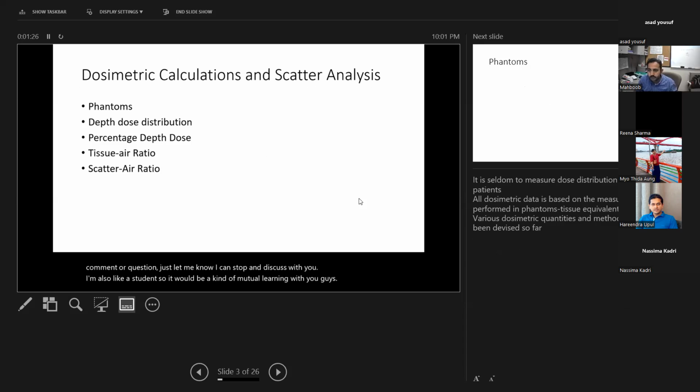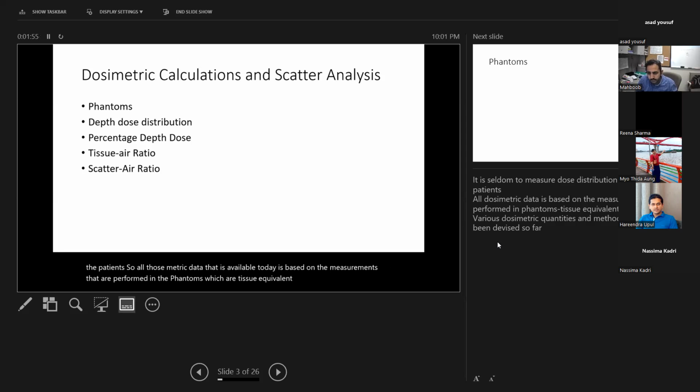So, in the medical physics field, it is basically about measuring the dose inside the patients. It is not possible most of the time to measure dose distribution directly inside the patients. So all dosimetric data that is available today is based on measurements performed in phantoms, which are tissue equivalent material.